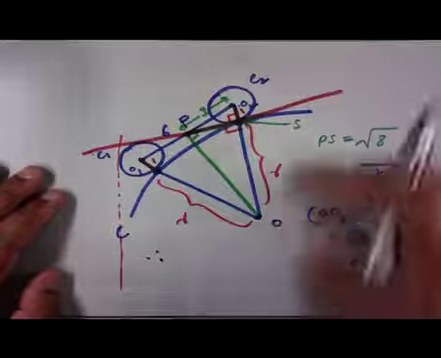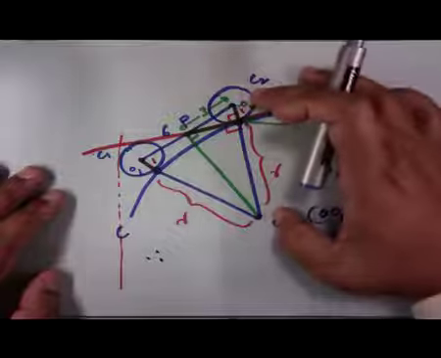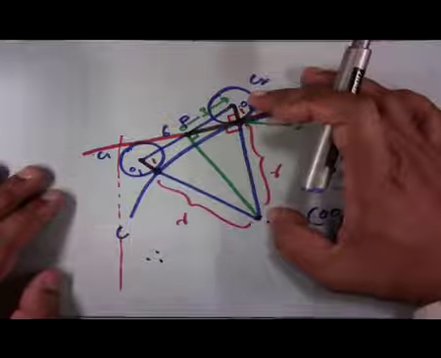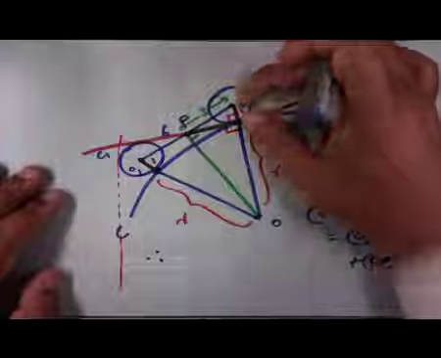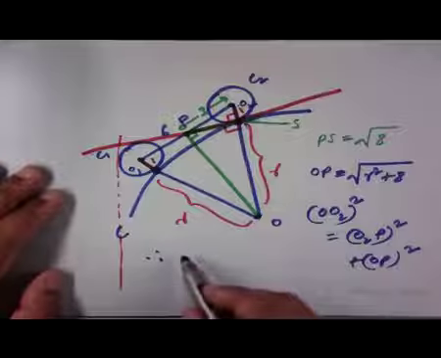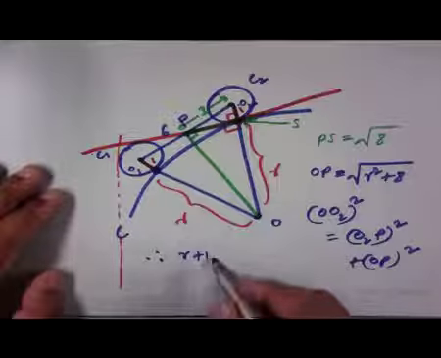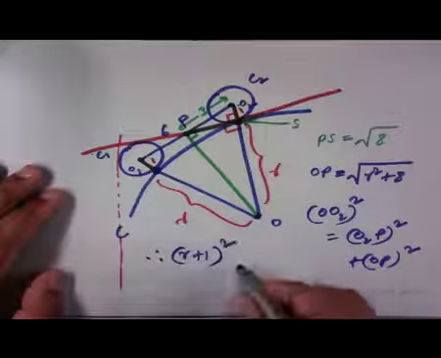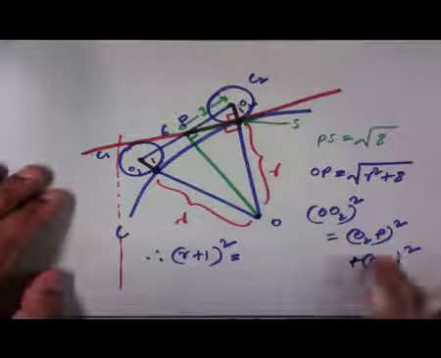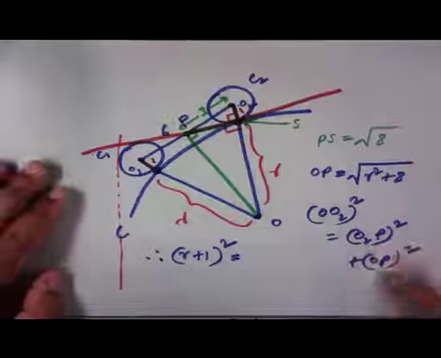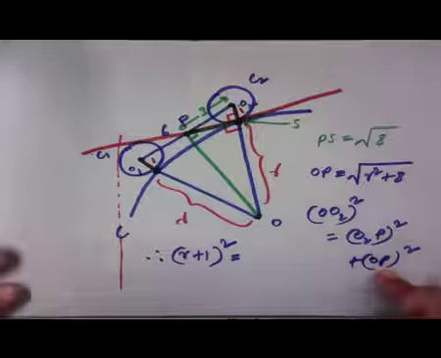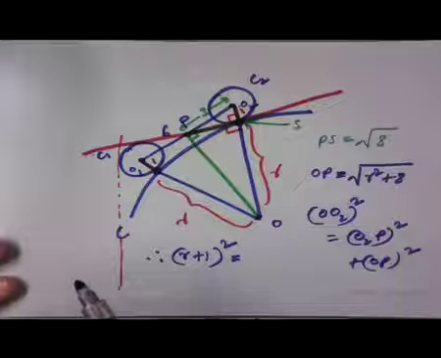Therefore, now OO2 is R plus 1. So, OO2 square is R plus 1 whole square, which is equal to O2P whole square plus OP whole square.